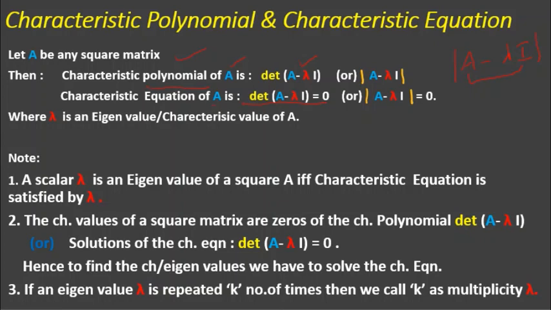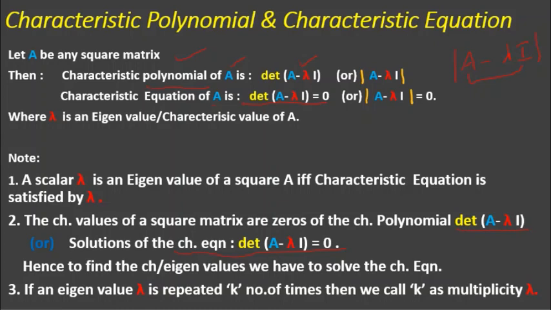Then second point. The characteristic values of a square matrix are zeros of the polynomial det A minus lambda I, or solutions of the characteristic equation det A minus lambda I is equal to 0.